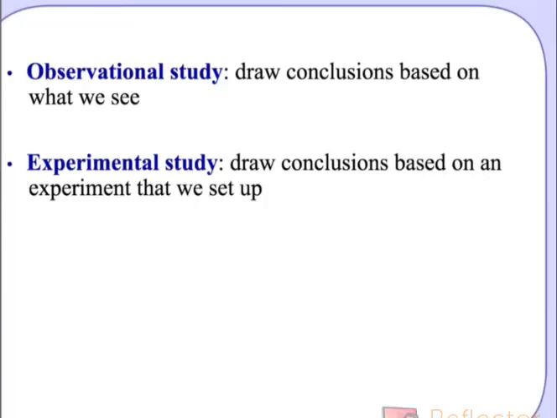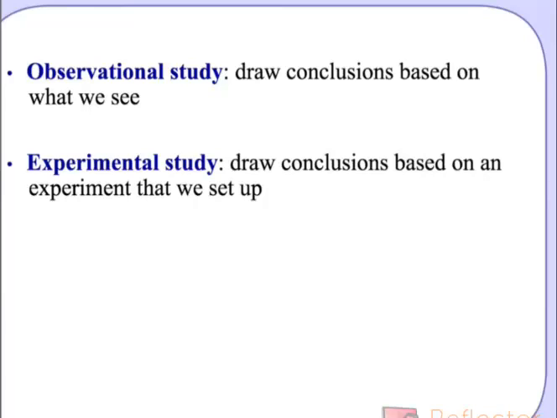They sit back and watch people. It's great, people watching. We do a lot of observational studies of that nature. Experimental study is what biologists do and chemists do and everything. We draw conclusions based on that experiment.